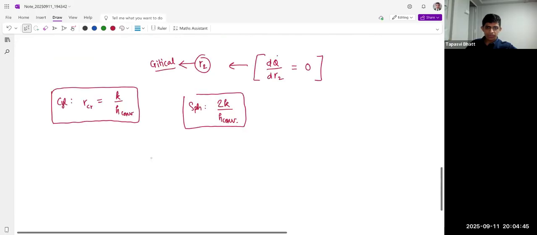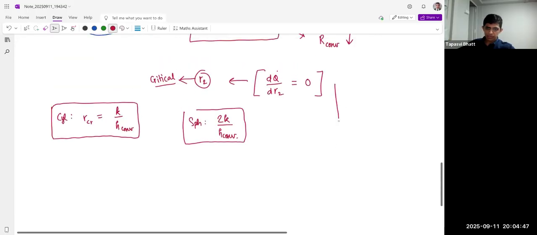So essentially what happens is that the curve comes out to be like this. This is going to be Q versus R2. There is going to come a maximum point wherein there will be maximum heat transfer.